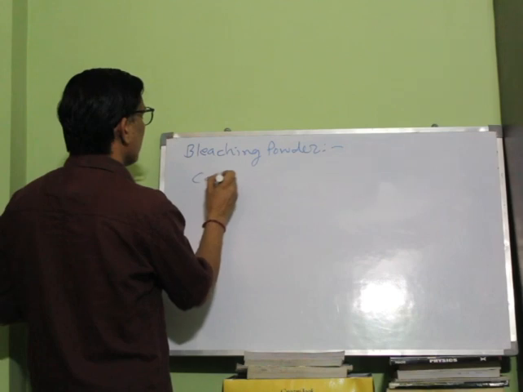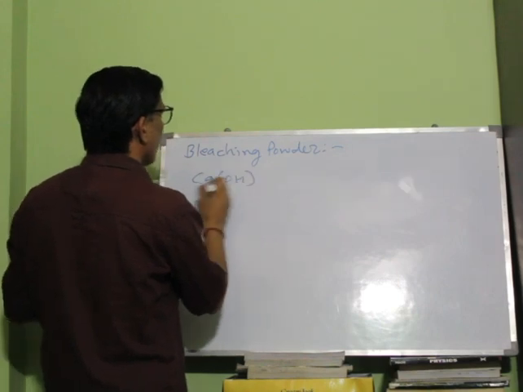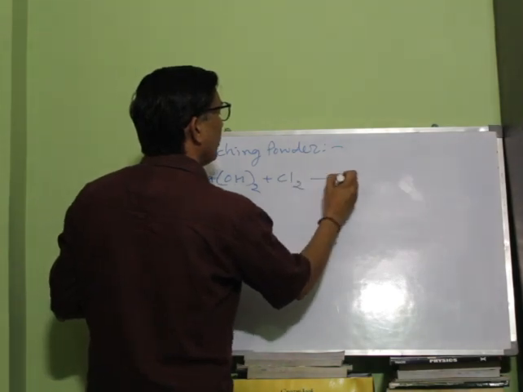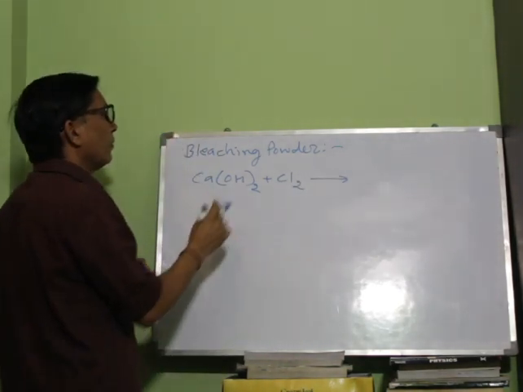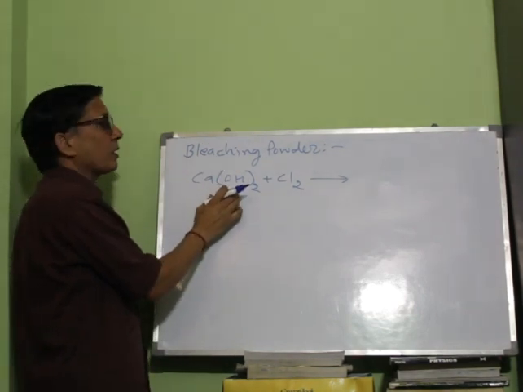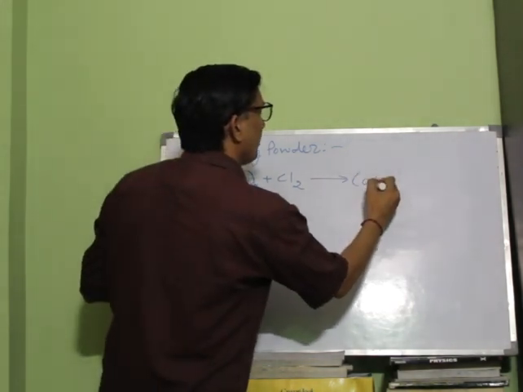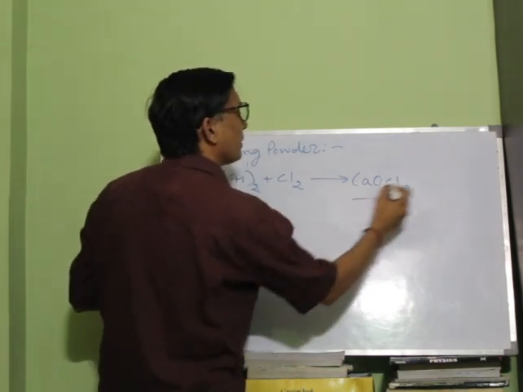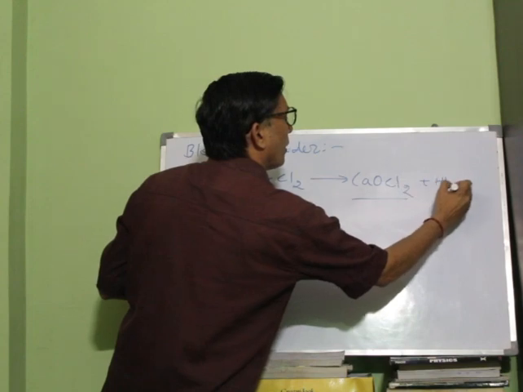Now when calcium hydroxide and chlorine are reacted, that is, when chlorine gas is passed through calcium hydroxide, then calcium oxychloride, known as bleaching powder, and H2O are formed.